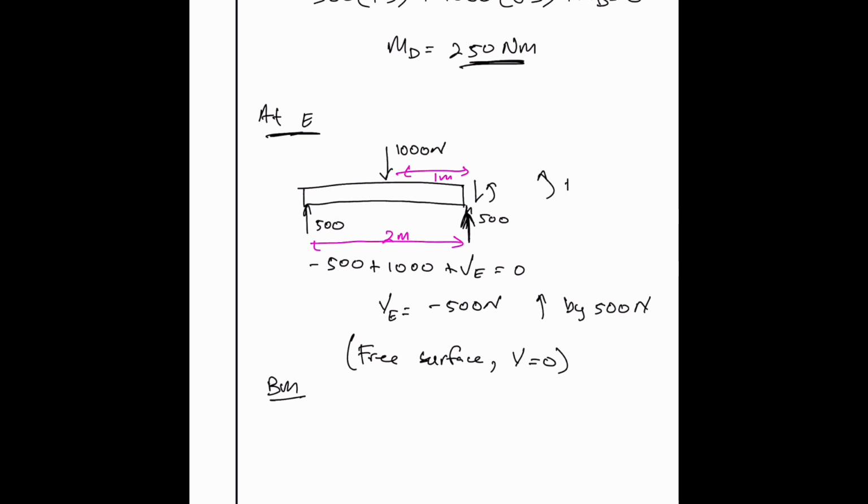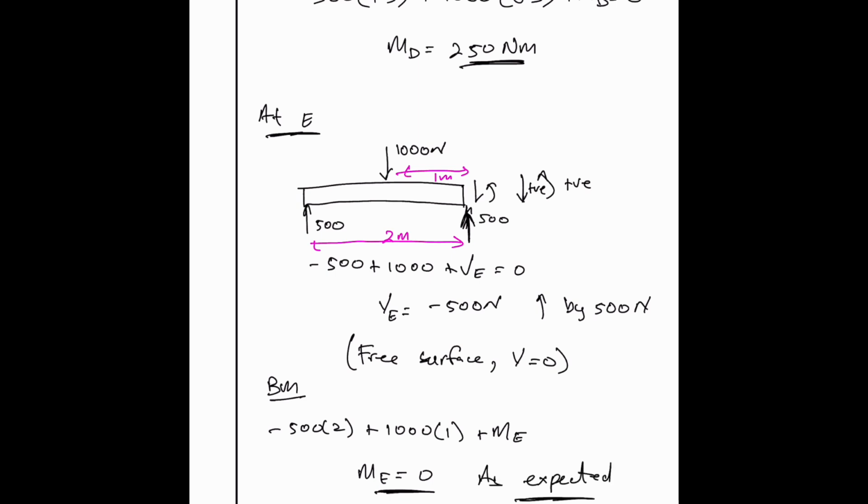Remember our directions, so minus 500 by 2. That will work out to be 0 as expected. So this is always a check to make sure the calculation is correct, the distances are correct, and the reaction forces are correct.